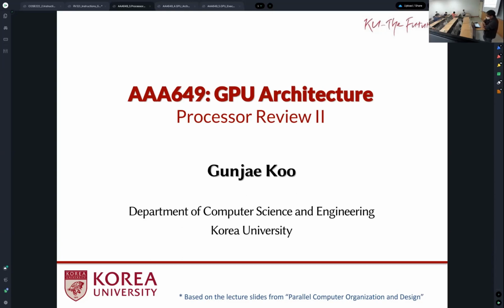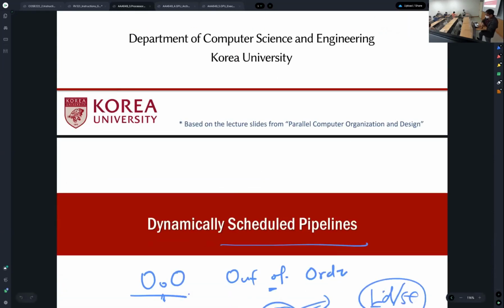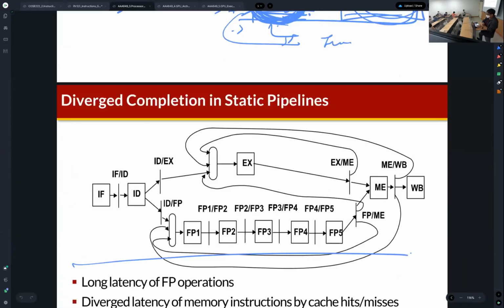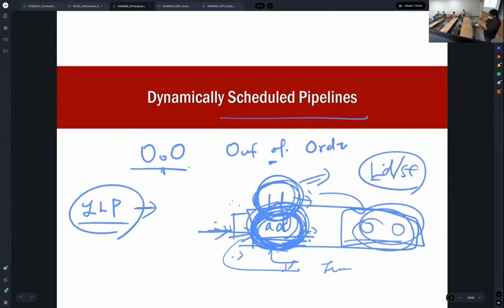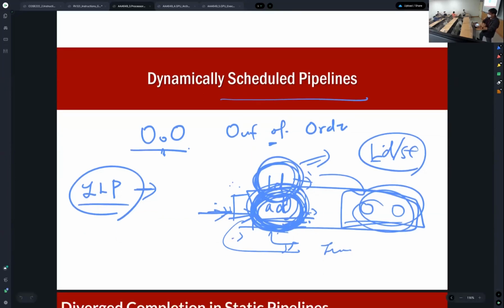I also mentioned in the previous class that the architecture of the GPU is similar to the statically controlled pipeline architecture. But I hope you can understand some basic, baseline ideas on the dynamically scheduled pipeline.